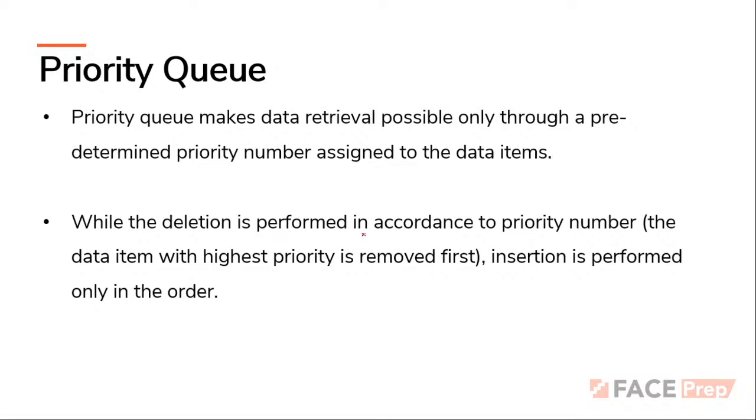So while deletion is performed in accordance to the priority number, the data item with the highest priority is removed first. Insertion is performed only in the order, so whatever the order you give, for that order only insertion will happen.